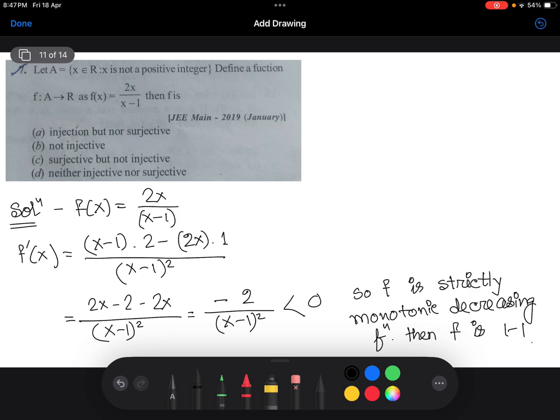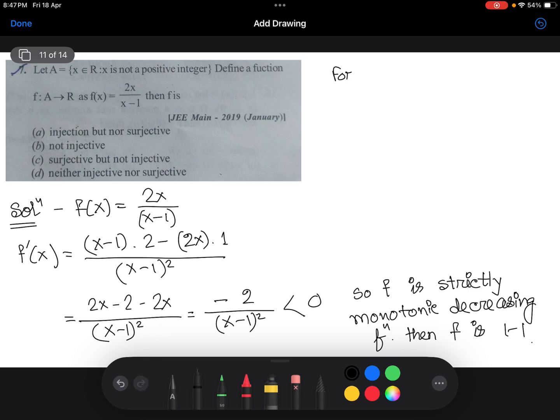Now we have to check for the surjectivity. The function is 1-1, we know that. So let us take a point, let's say the value 4.